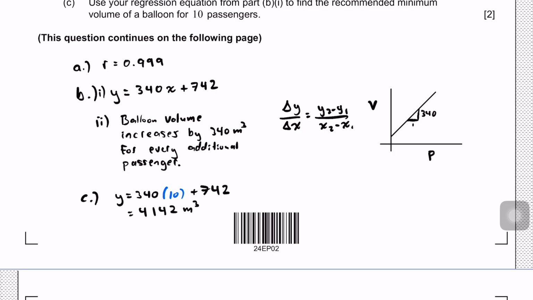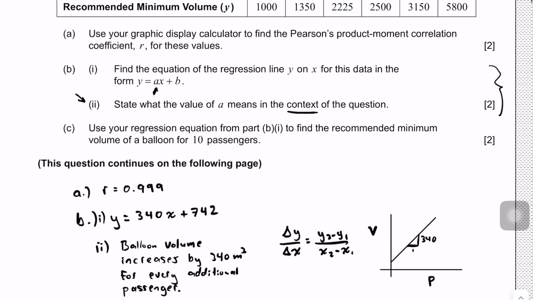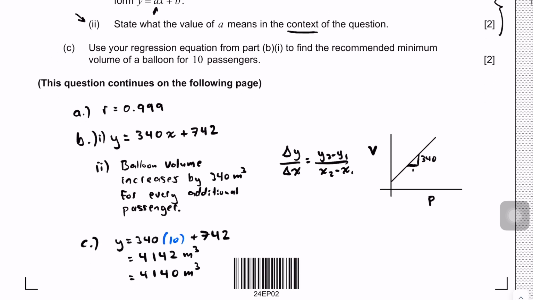You can work that on the calculator, and it would take you to the same value. What is this, 4,142? You'd be fine writing that to 3 significant figures once again. This would be 5140 meters cubed. All right. 6-mark question, fairly straightforward, but I guess just gotta manage time.